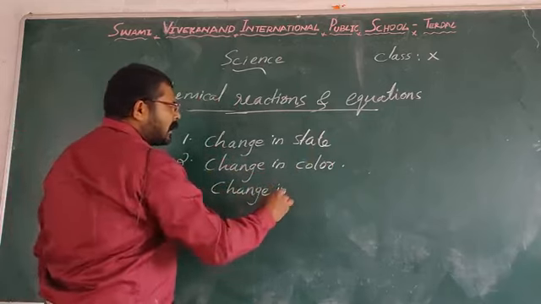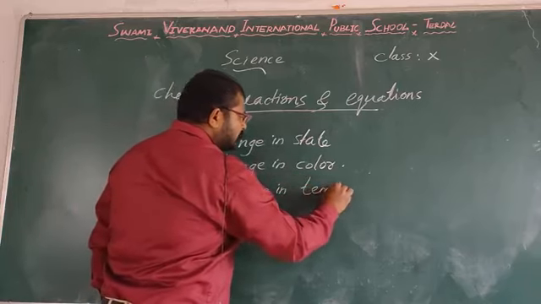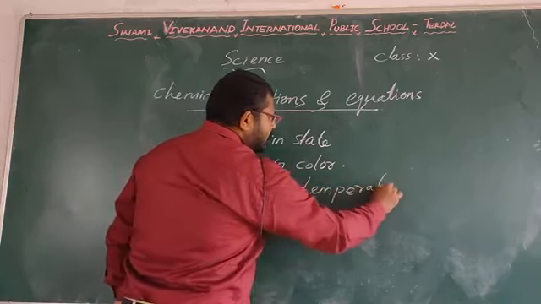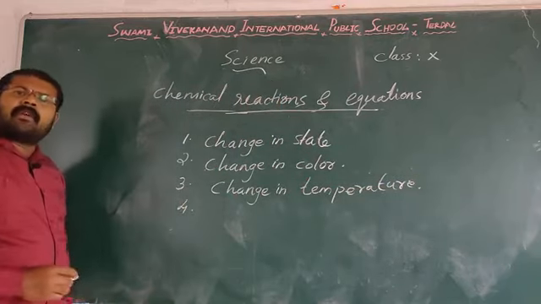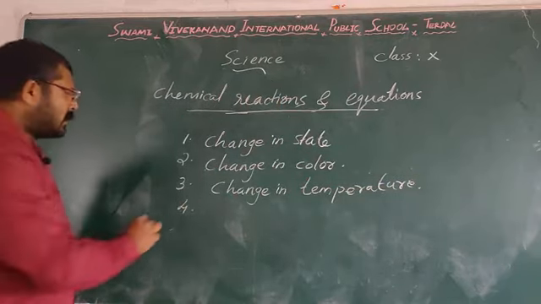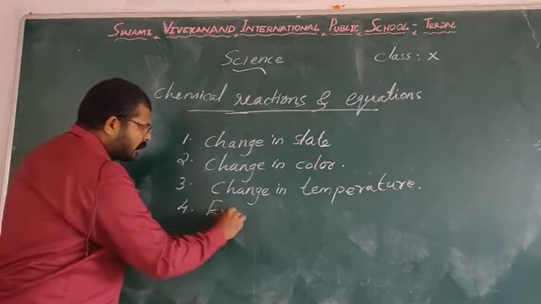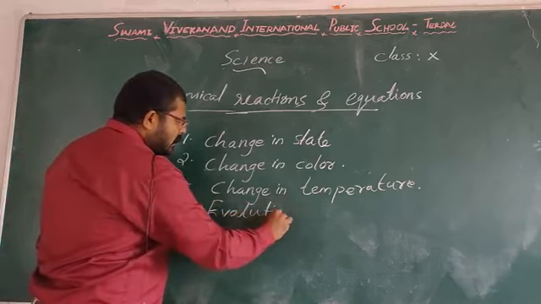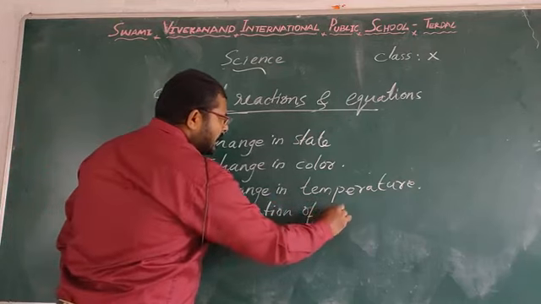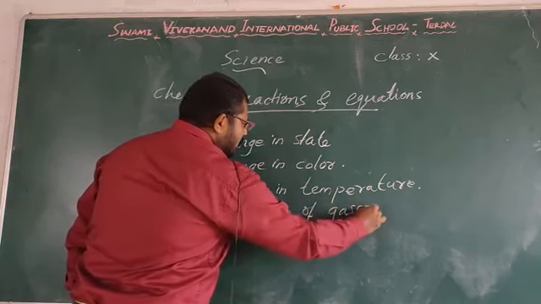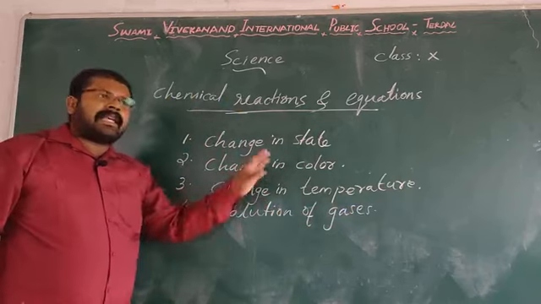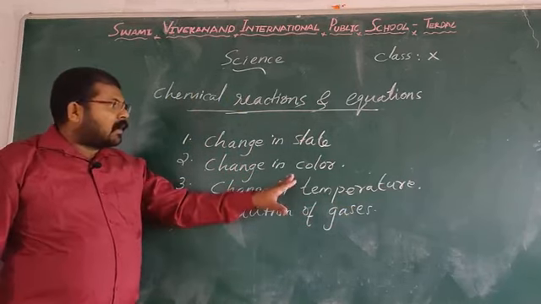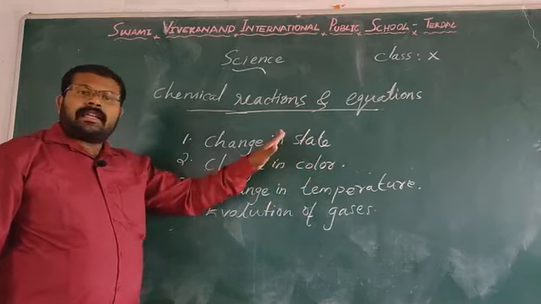And the fourth one is evolution of gases. So these are the certain observations we can identify in a chemical reaction.